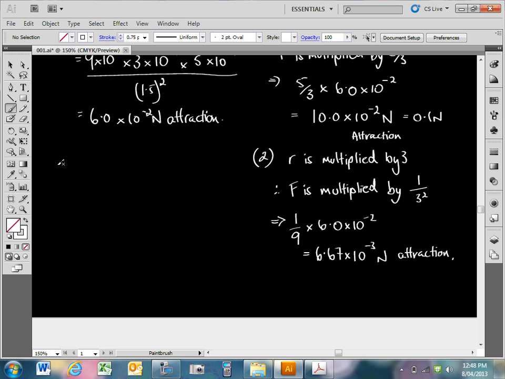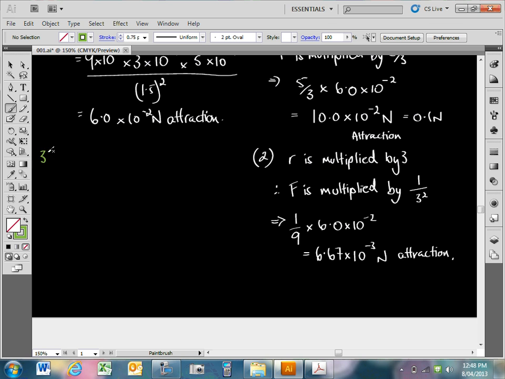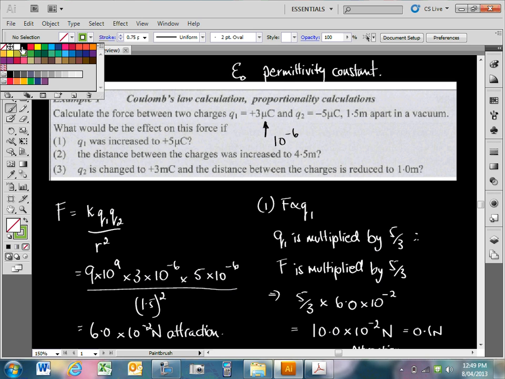Question 3. I'll do it over here, maybe in a different color to make it clearer. Q2 is changed to 3. Now, they say that's millicoulombs, but the answer doesn't say that that is changed.